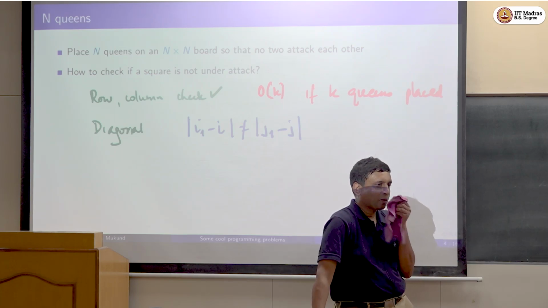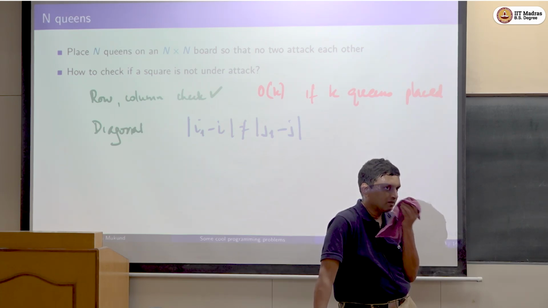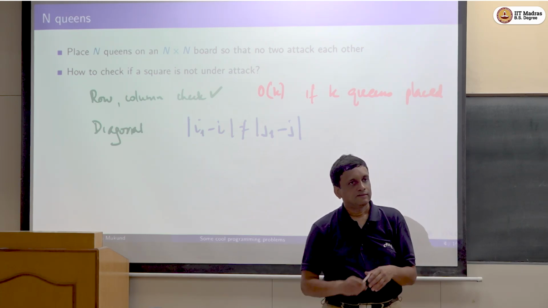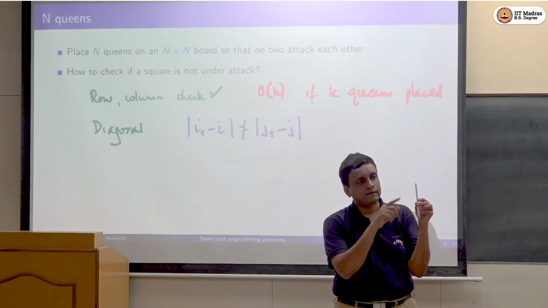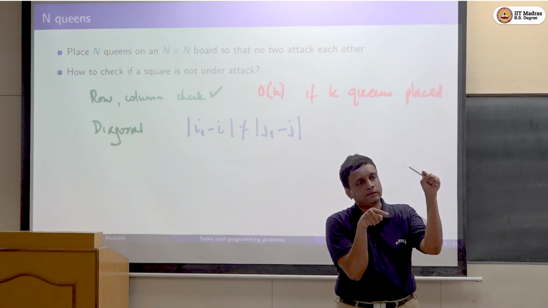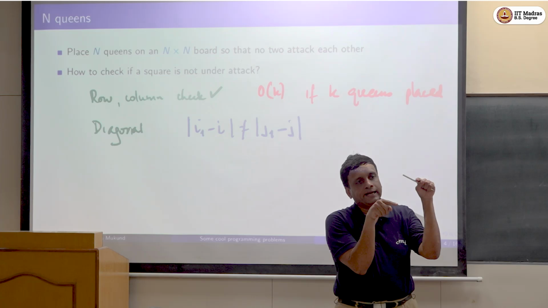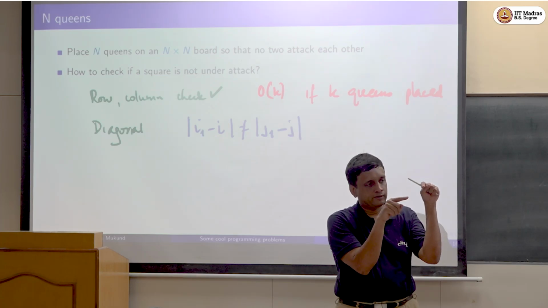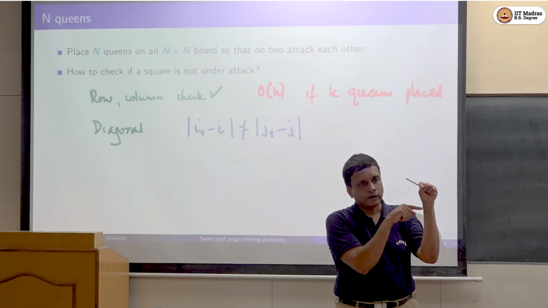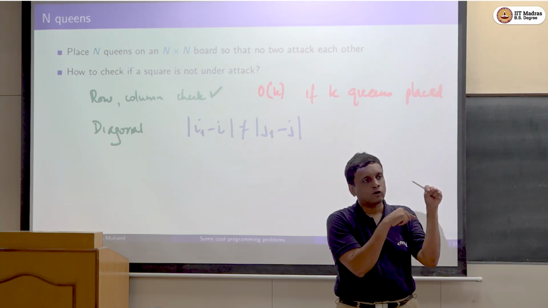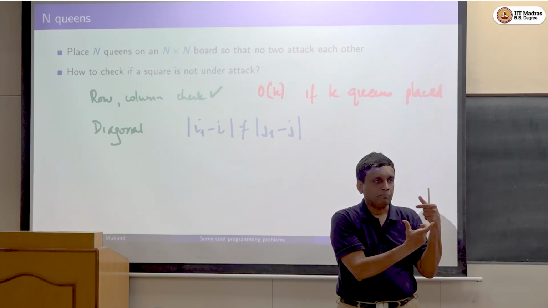What is this saying? If you're on a diagonal of another queen, then to get onto the diagonal, you have to go down one, go across one. Go down two, go across two. Go down three, go across three. So if I look at how many rows I have gone down and how many columns I've gone across, it is the same. Right?